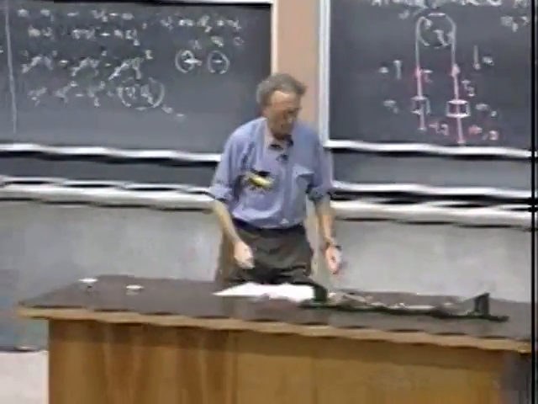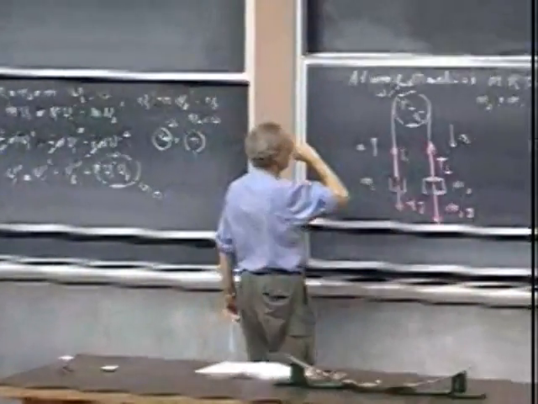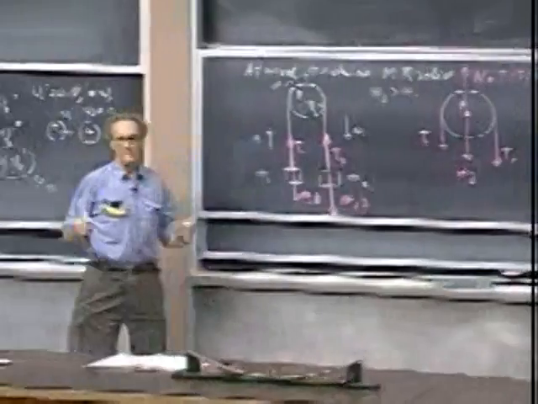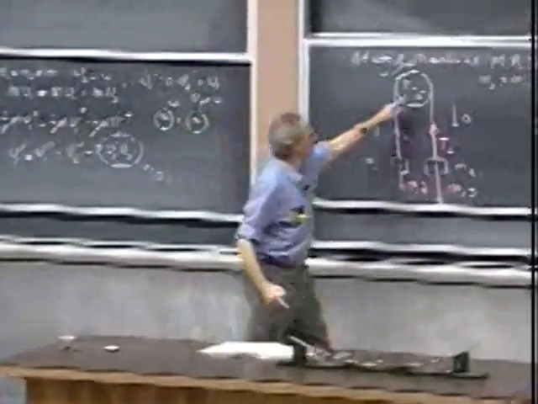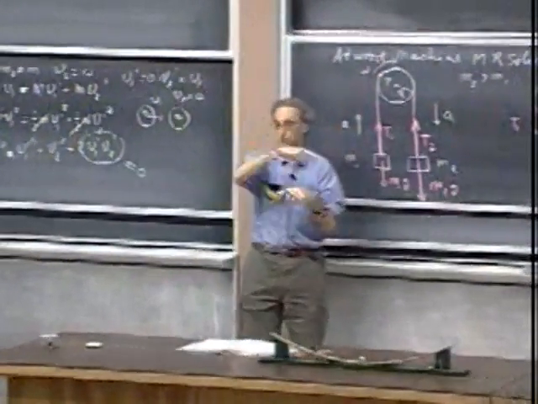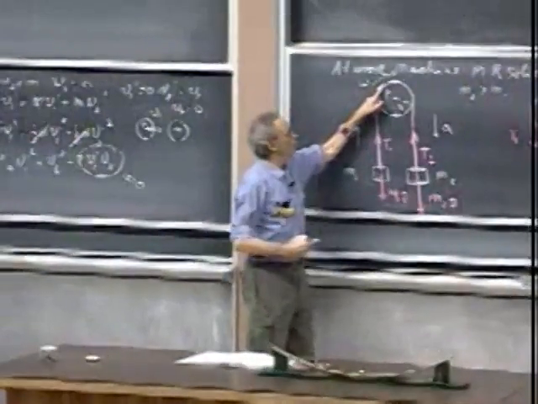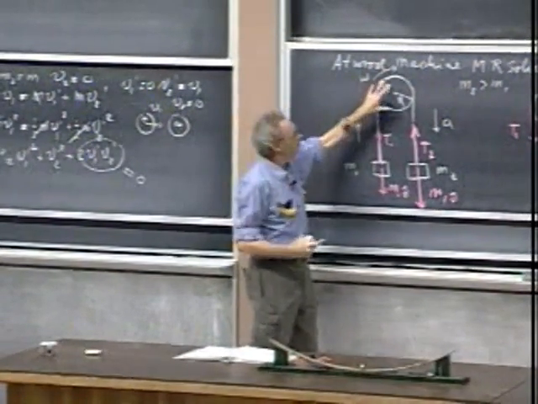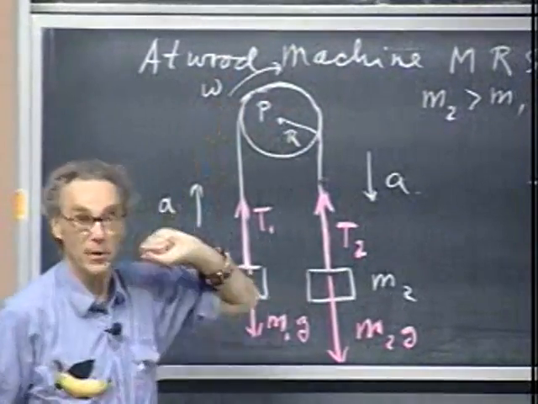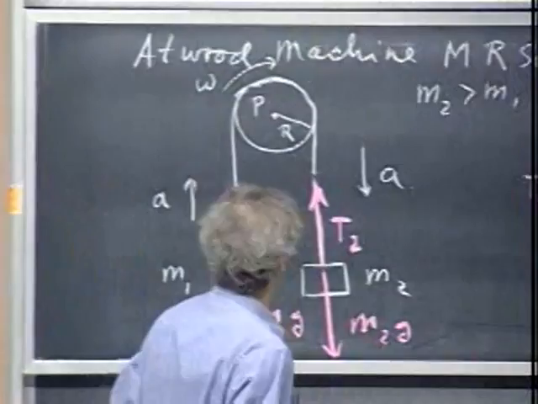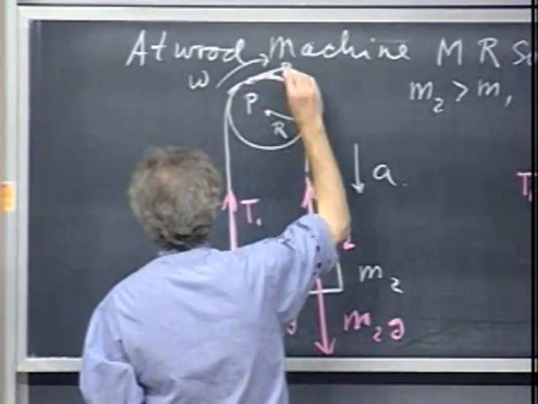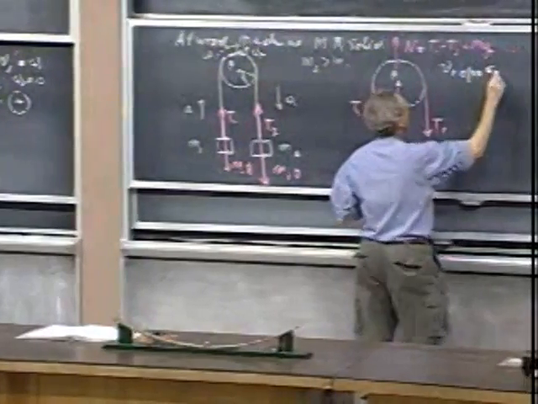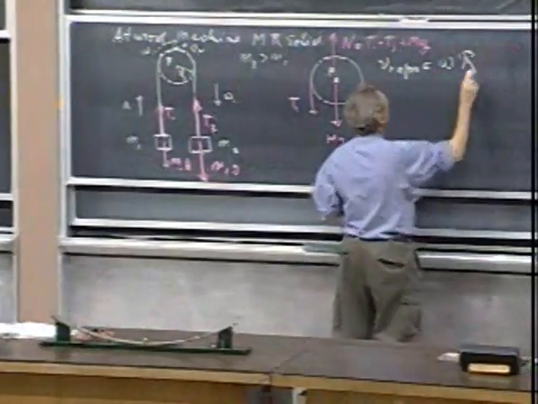So now we're going to calculate the acceleration under the condition that the rope does not slip. That means there is friction with the pulley, not friction here, but here, otherwise the rope would slip. What it means if there is no slip is that if the rope moves 1 centimeter, the wheel also turned at the circumference 1 centimeter. That means the velocity of the rope, V of R, must be omega times R of the pulley.